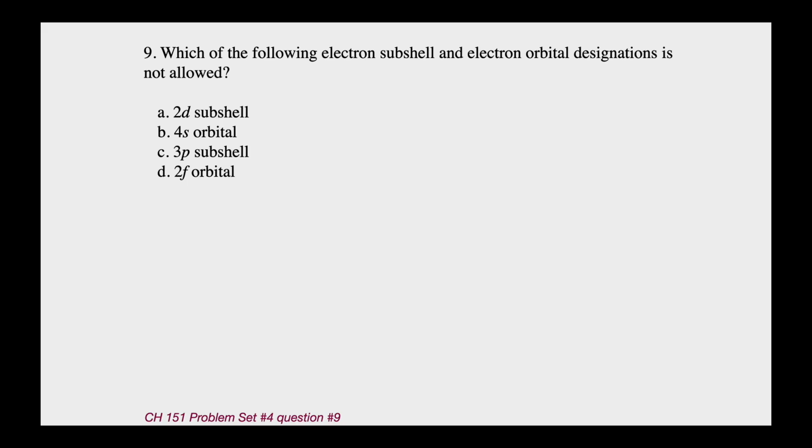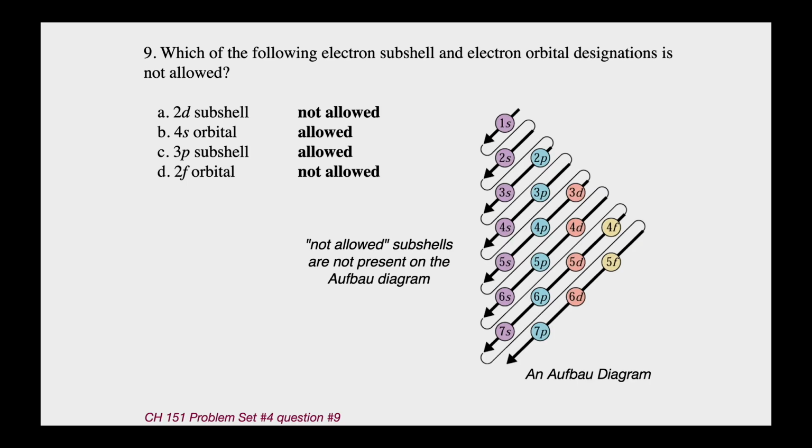There was a 4s. It snuck in before 3d, but there was never a 2d. So 2d would be an example of an orbital which is not allowed. And there's rules for that. And it has to go with n and l, and we'll talk about it. But the easiest way is either just to figure it out in the periodic table if there's a 2d and there's not. The first d is 3d. Or you can use the Aufbau.